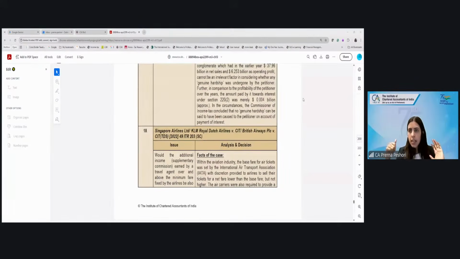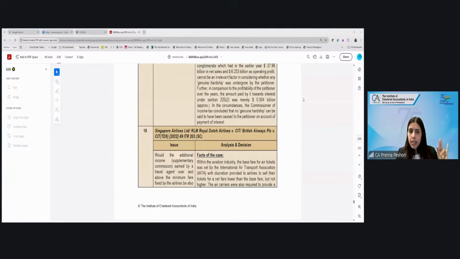And the airlines have a mandate to keep the base fare as this much. They can sell at a price lower than the base fare, but they cannot go more. Although they call it a base fare, it's a maximum fare. So the airlines can sell their tickets for a fare lower than that, but they cannot go higher.